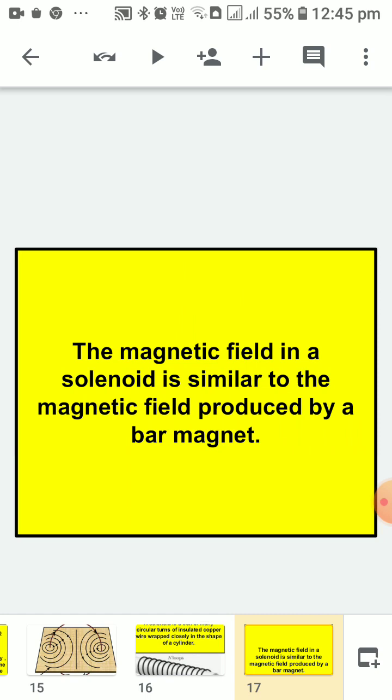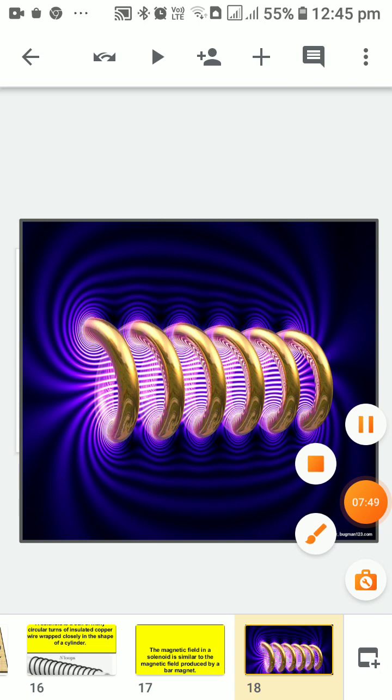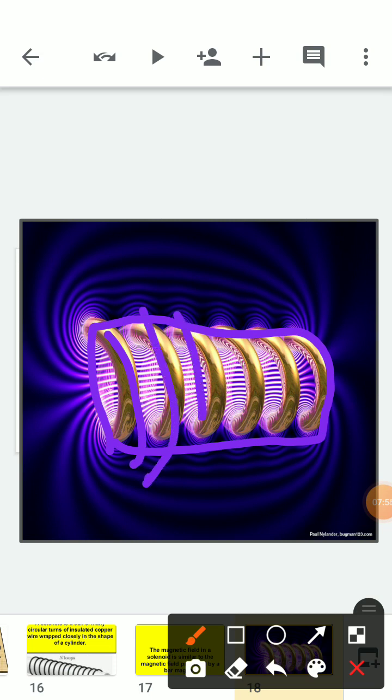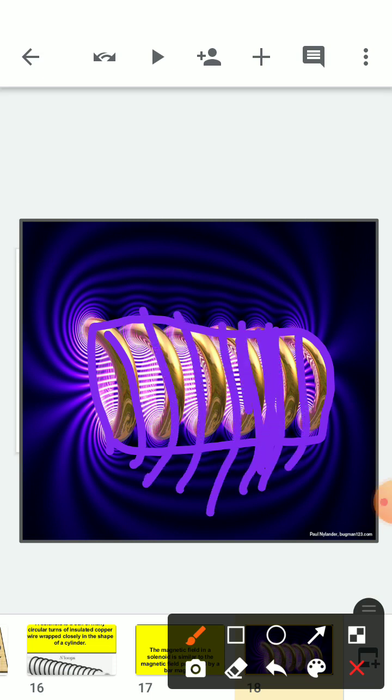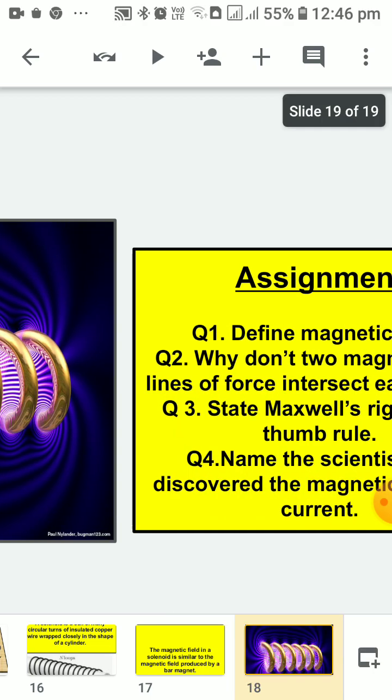Around this solenoid we have many copper turns, and the magnetic field is produced in a similar way as it forms in a bar magnet.